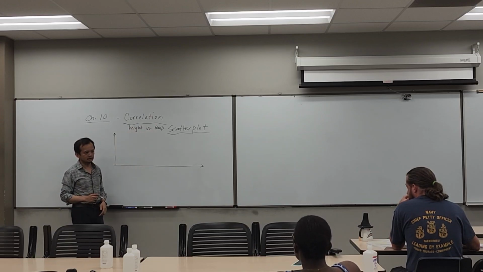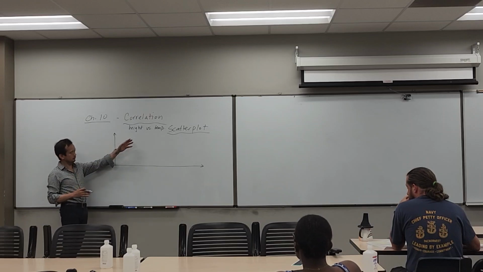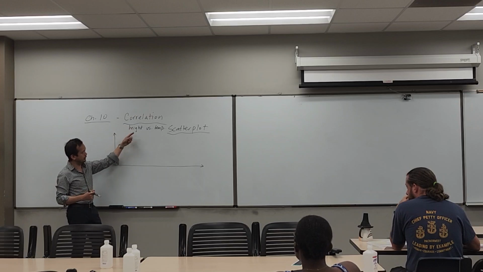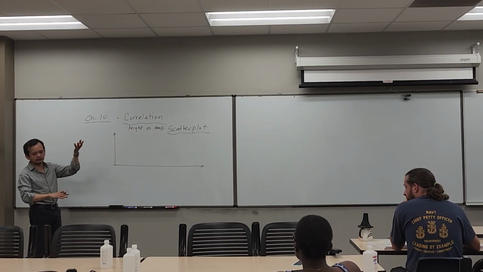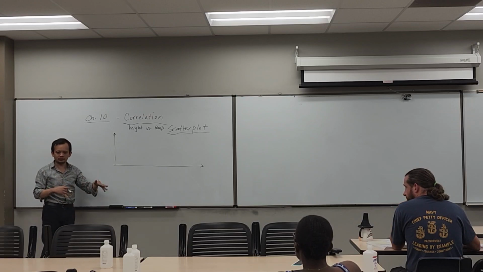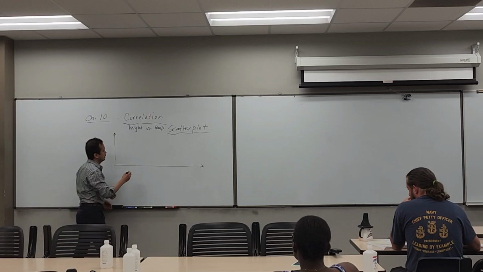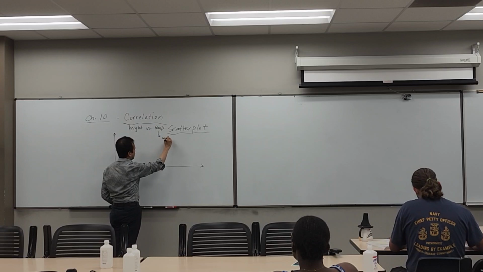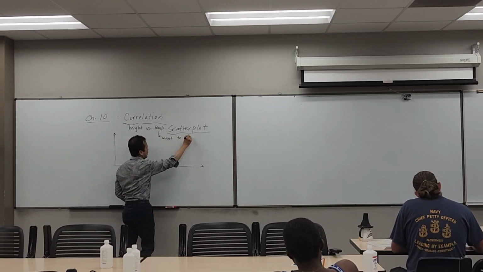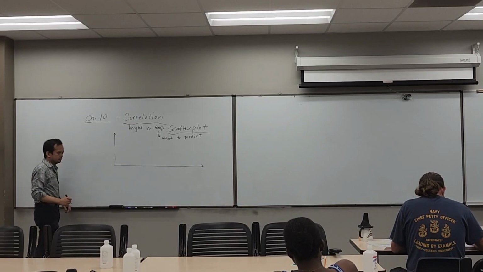Temperature. Yeah, so again, it depends on your application. Some applications you might want to predict height, other applications you might want to predict temperature. But let's say you're moving up the mountain and you want to know what the temperature is at that particular point. So you're interested in predicting temperature. The thing that you want to predict, we call the dependent variable.